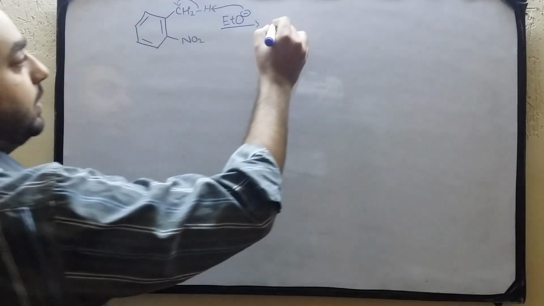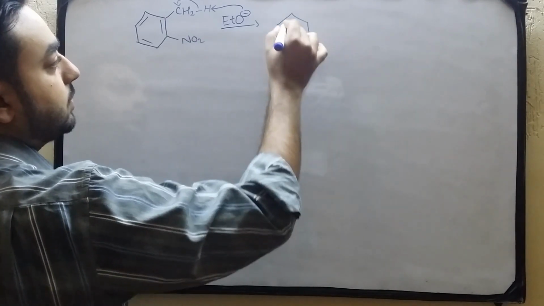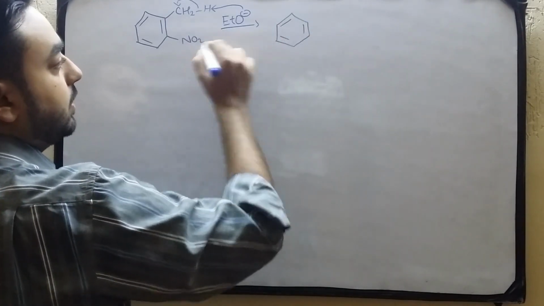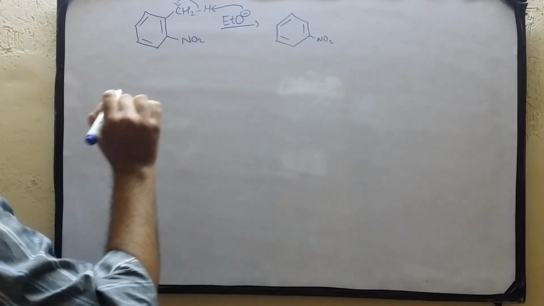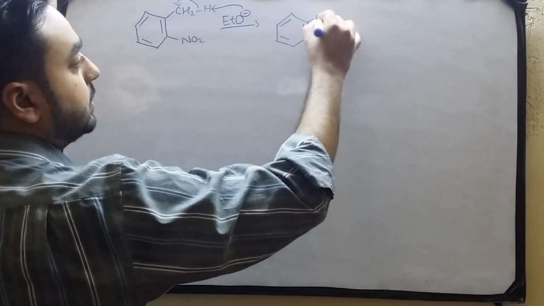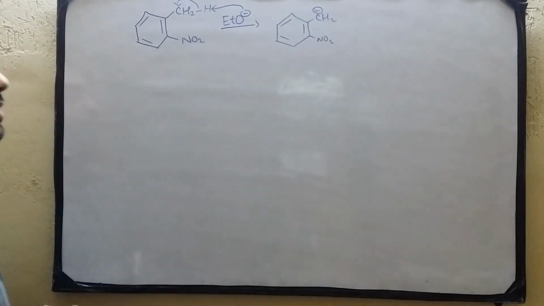So what will happen? Here nitro group as it is, and here it will be CH2 having a negative charge.